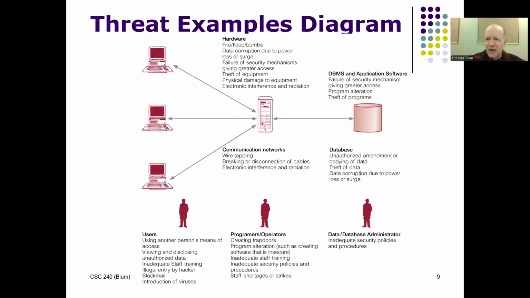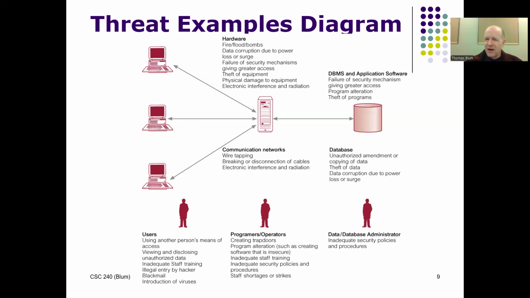Usually, if an enterprise is large enough, you have at least one person, maybe more, specializing in security. So here's a diagram of the database, the actual place where the data is stored, then the system of networks that is used to access it, and then I'll call it the client machines where actual users of the database work.